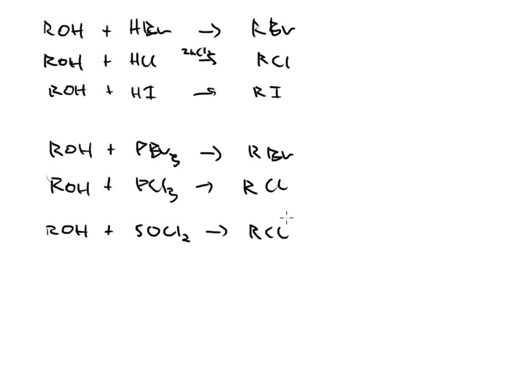So when you begin to look at the number of reactions here, what you're going to see is that they all really are doing something very similar with each other. HBr, HCl, HI: OH goes off, halogen goes on. PBr3, PCl3, SOCl2: OH goes off, and the halogen goes on. That's the summary of what we've done so far.